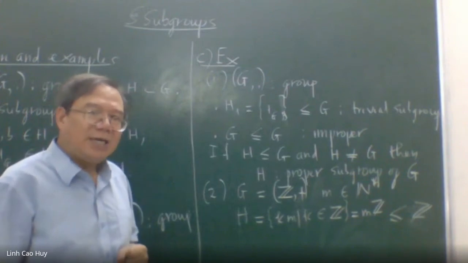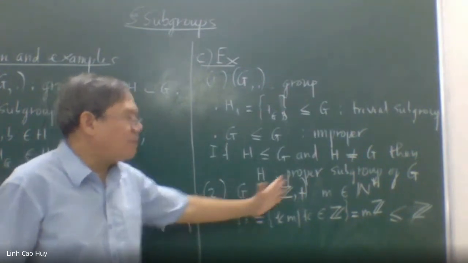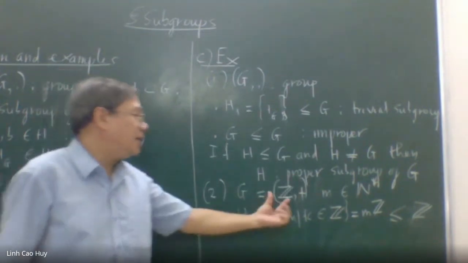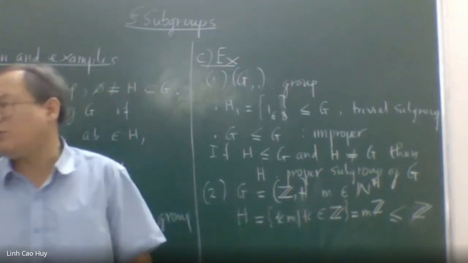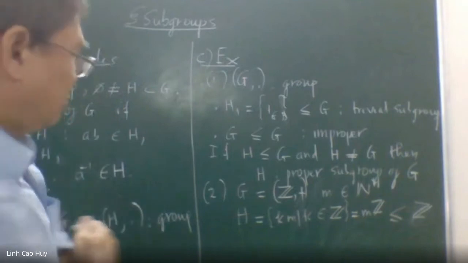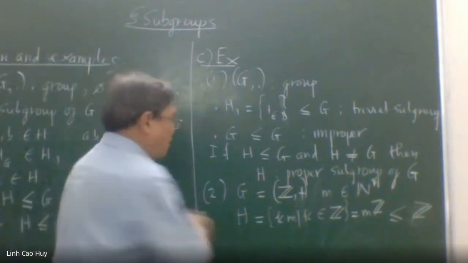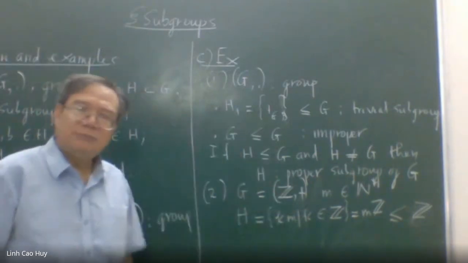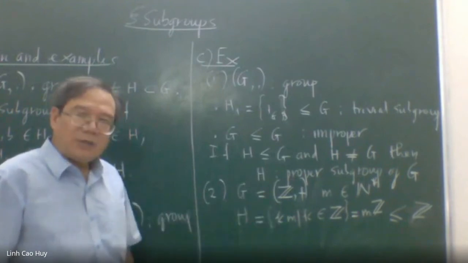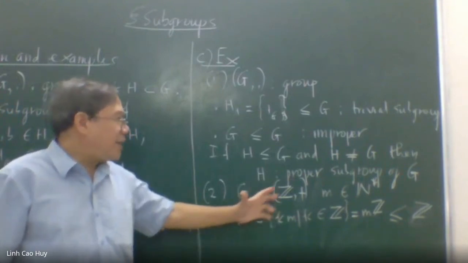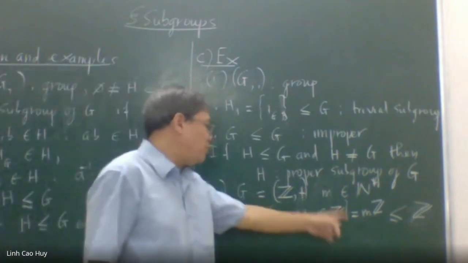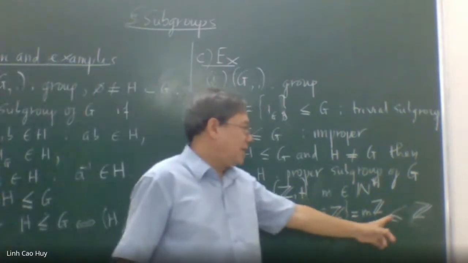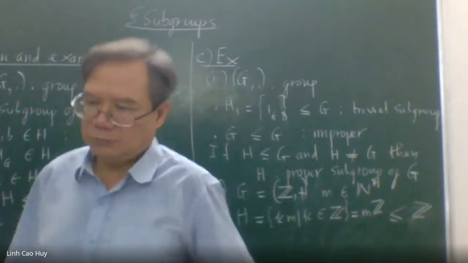Thầy muốn nói rằng khi tôi nói nhóm các số nguyên thì hiểu rõ ràng là nhóm cộng, hiểu chưa? Nhóm nhân thì đâu có phải là nhóm. Như vậy M là một số nguyên bất kỳ thì tập tất cả bội của M là nhóm con của Z.